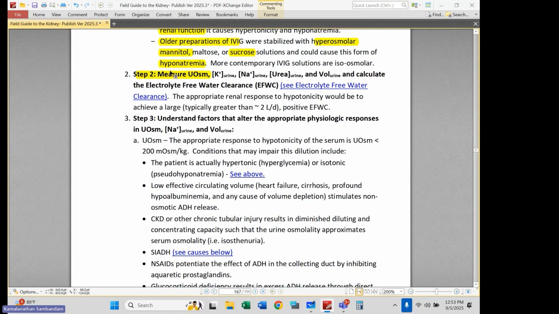Step 2 would be to measure the urinary handling of water. Okay, and that is done through measuring urine osmolality, the electrolytes in the urine, which will allow you to calculate, for instance, electrolyte-free water clearance. I usually, mostly for learning, check a urine urea.